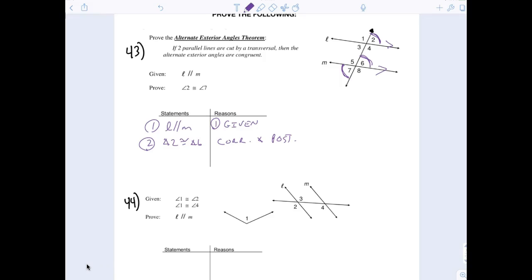So those are both vertical angles. And then 2 is congruent to 7 by substitution. These can go to 6 by alternate interior angles. But again, remember what we said, use corresponding angles to prove the other theorems is what you're doing.